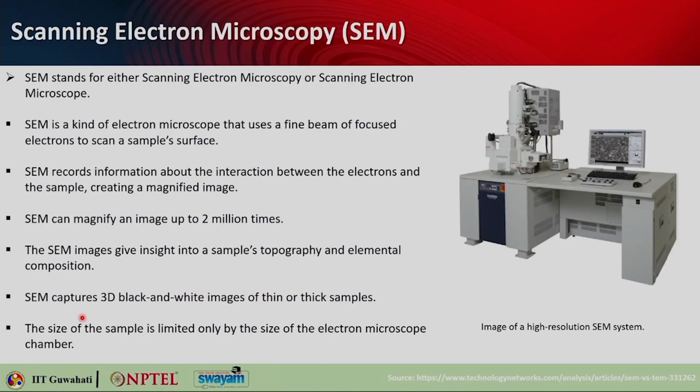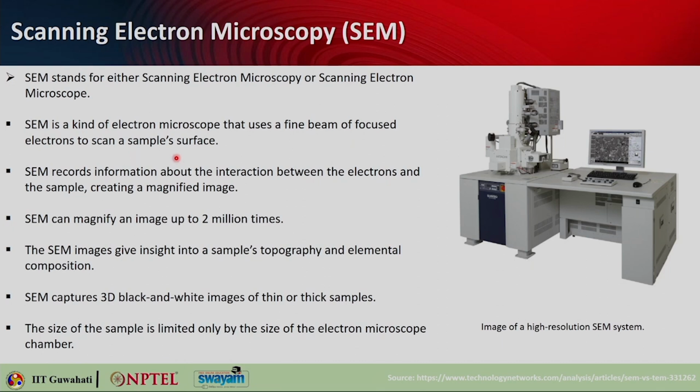Now, this is how a typical high resolution SEM system looks like. SEM is scanning electron microscopy, or you can simply call it a scanning electron microscope. The instrument is called a microscope. So, SEM is a kind of electron microscope that uses a fine beam of focused electrons to scan a sample's surface.